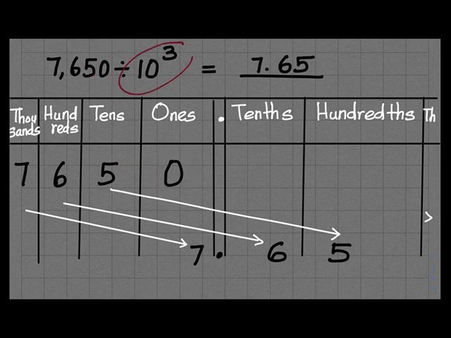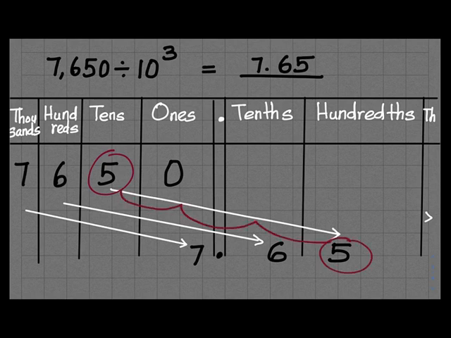The value of 10 cube, or 10 to the power 3, is 1000. So when this number is divided by 1000, all the digits move 3 places to the right. So 5 moves 3 columns to the right: 1, 2, 3. Now it is in the hundredths column.